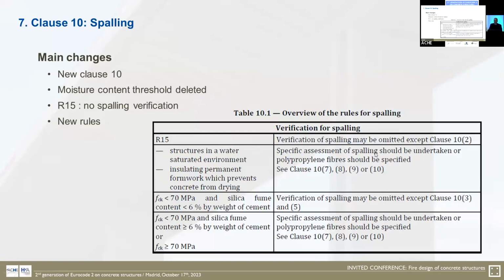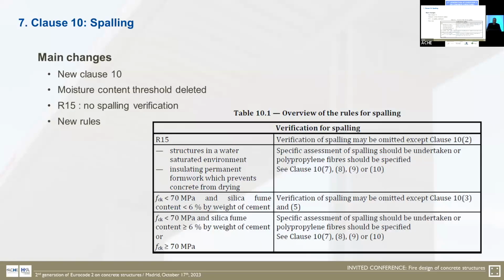So there should be a specific assessment of spalling undertaken, or polypropylene fibers should be specified. That's because when you have no further indications, using polypropylene fibers always proves to be a means to prevent spalling.